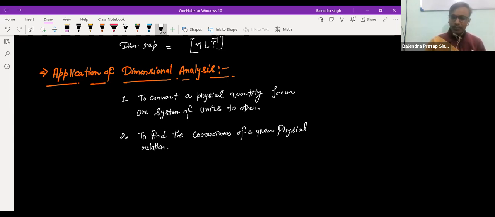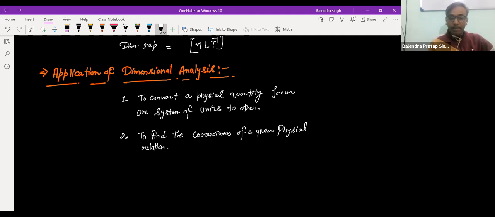Not exactly, there is some drawback of dimensional analysis, but I will discuss this. In most cases, you can define by dimensional analysis whether the equation is correct or not.